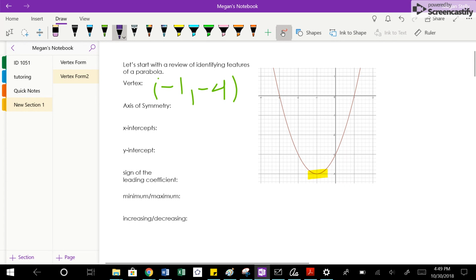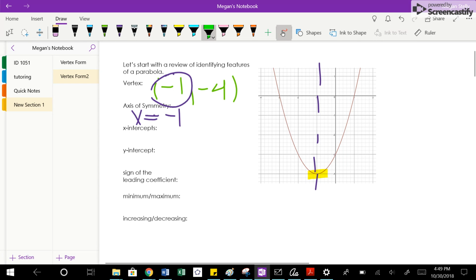The axis of symmetry, remember, is a vertical line that passes through your vertex. And so it has the equation x equals, and in this case, it is x equals -1. And yes, there is a correlation to -1 also being the x value of your vertex, which makes sense because it passes through your vertex.